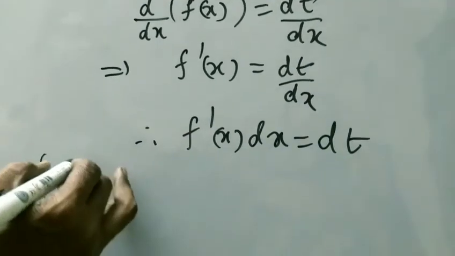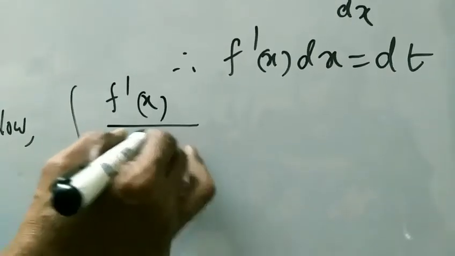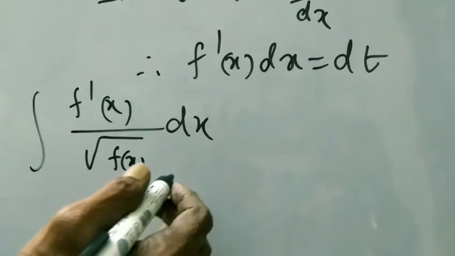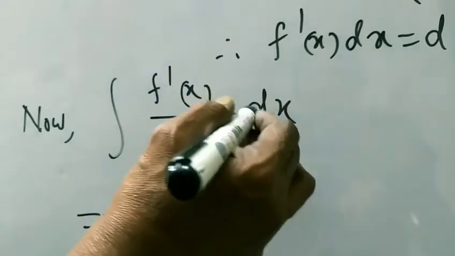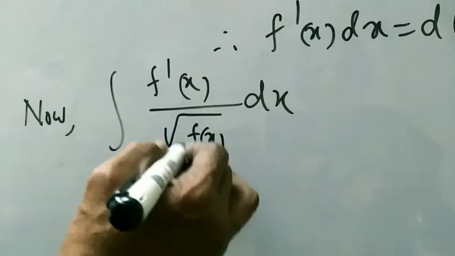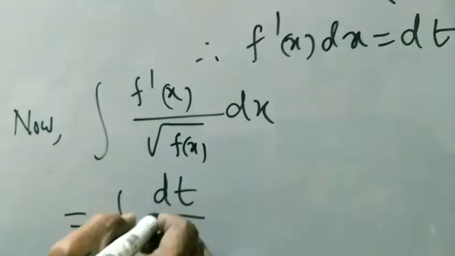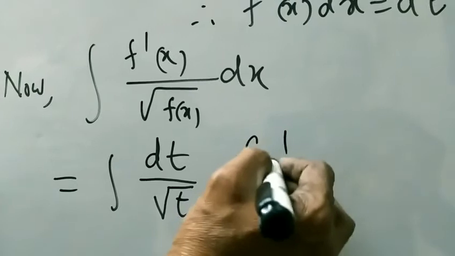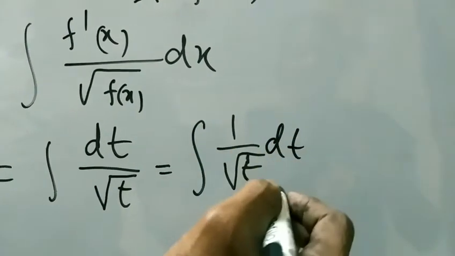Integral of f dash of x by square root of f of x dx is equal to integral of dt by square root of f of x. Here f of x is equal to t, so it becomes root of t. So it becomes integral of 1 by root t dt.